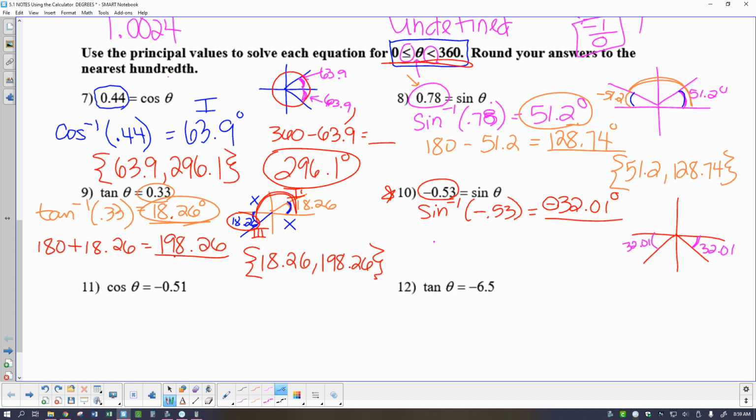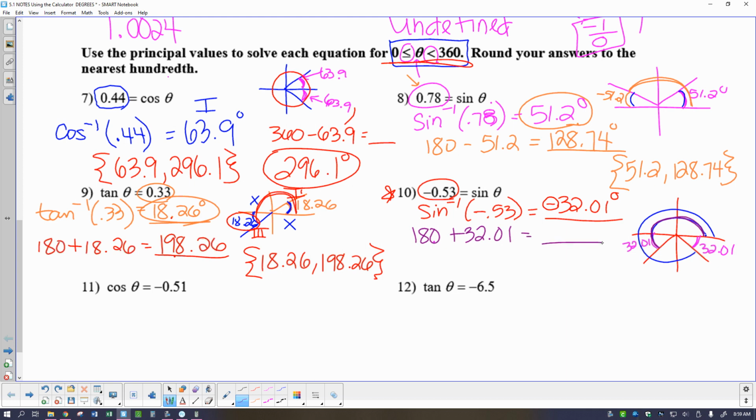Maybe you have to draw it out every single time. But I want this angle and I want this angle. So if I connect those two, keeping in mind the 360 degrees and the 180, this is 180. If I add 32.01, that should get me one of my answers.